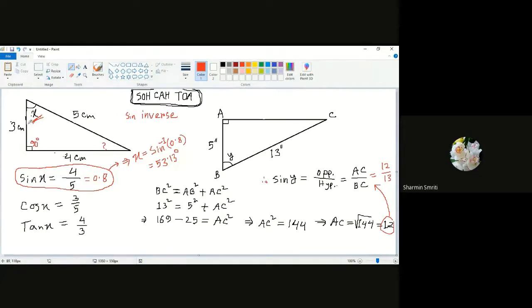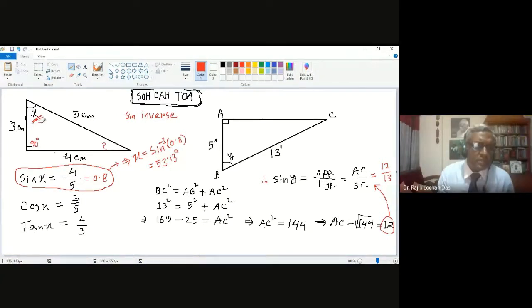37. So if it is 53 degree, then it will be 37. How do you say this? Because 53 degree plus 90 degree plus this angle, say it is k, then plus k equal to 180 degree.